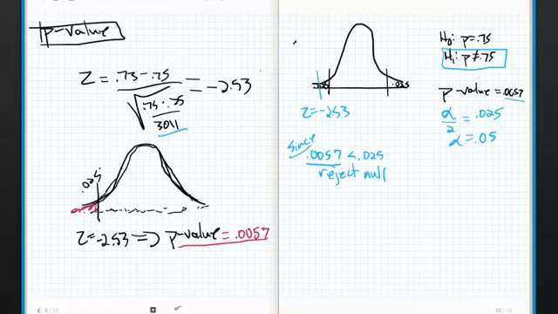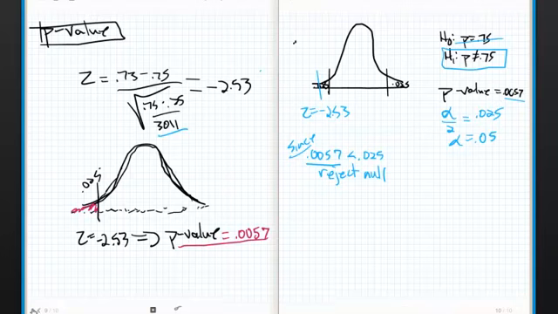So the probability that I get this 0.73 or a value that's at least as extreme is only 0.0057, or 57 out of 10,000. Now we have agreed that the acceptable amount of probability we're allowed to have is 25 out of 1,000, or 0.025. And therefore we reject the null. There's enough evidence to reject the null because of this p-value right here.